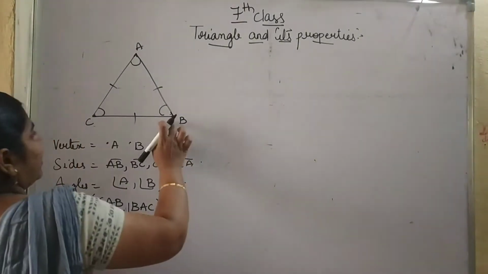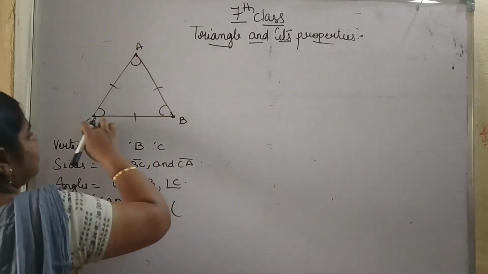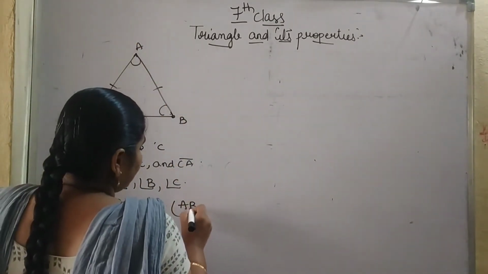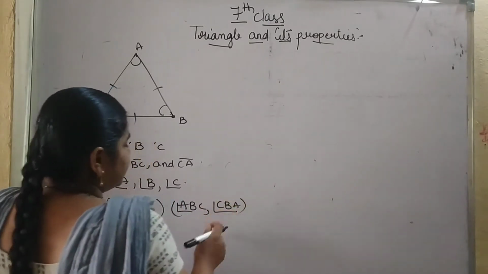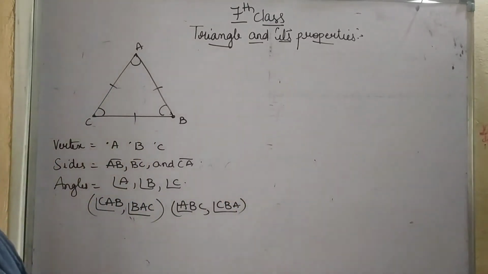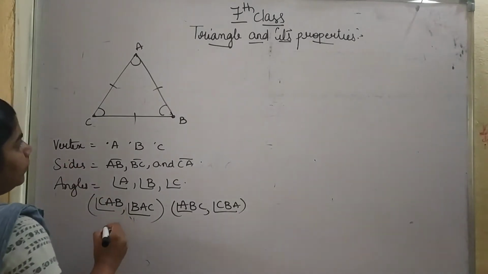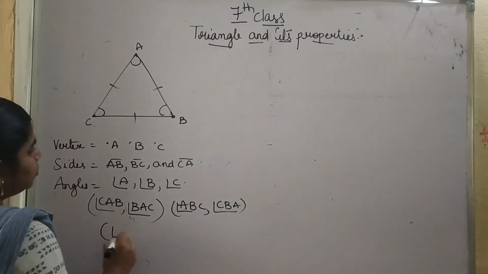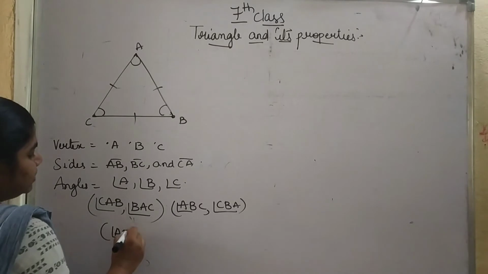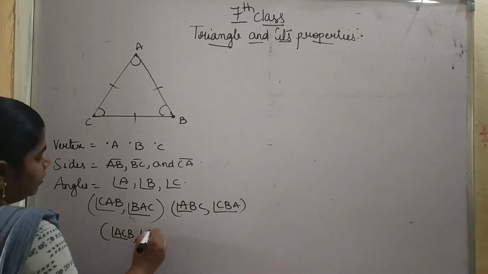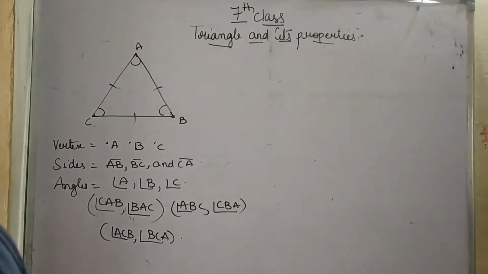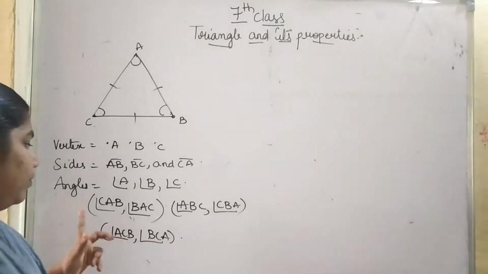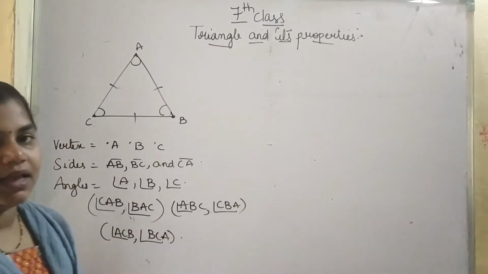In the same way, angle B can be written as ABC and also CBA. Angle C can be represented in the same manner, as ACB and BCA. These are the 3 angles represented with 3 alphabets. The middle alphabet represents the angle.